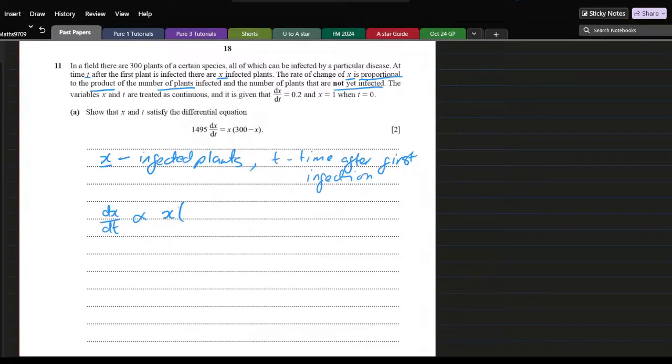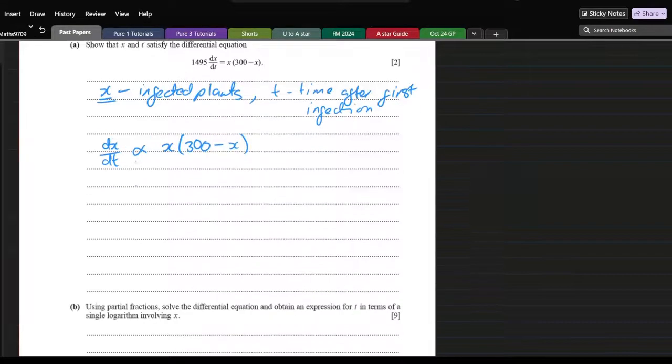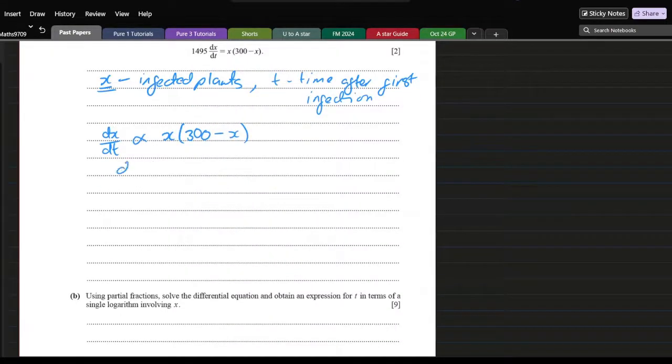So the number of plants not yet infected would be the total number of plants, 300, minus the number of infected plants, x. Alright, so if we remove the sign for proportionality, we can write this as dx/dt is equal to our constant of proportionality k times x times 300 minus x.